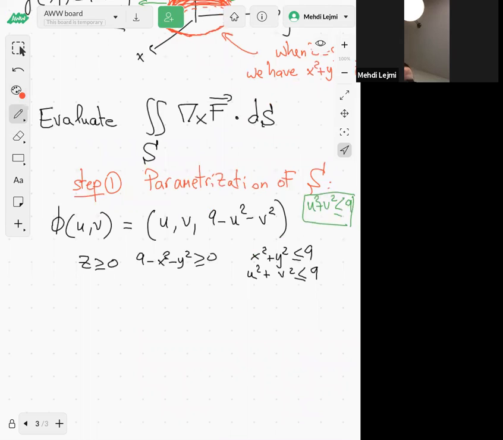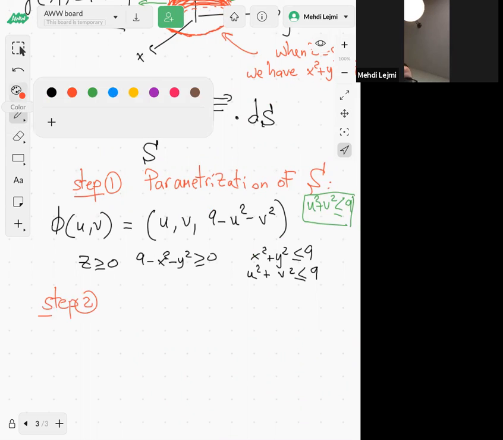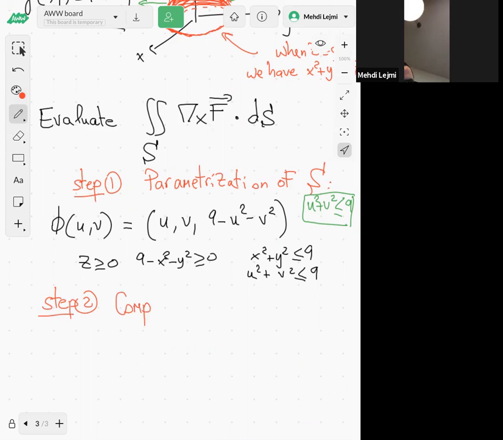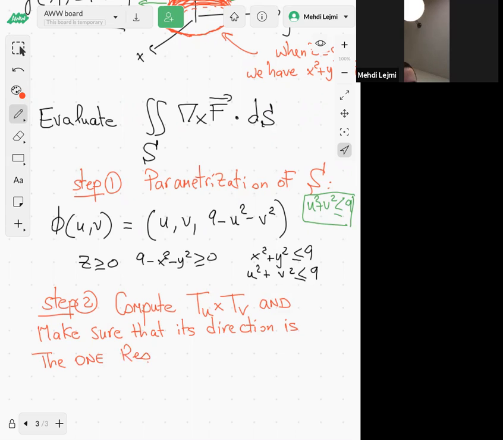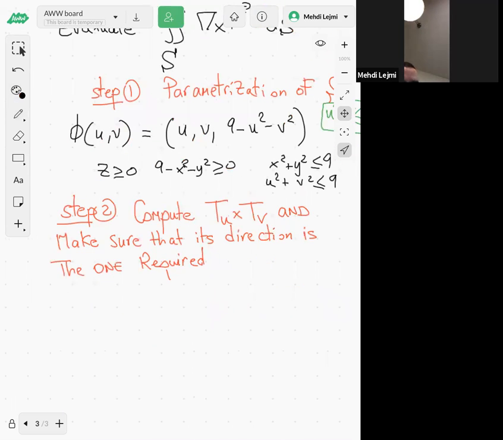So step 2, I would say you need to evaluate or compute the normal vector, T_u cross T_v, and make sure that its direction coincides with the one required by the problem.